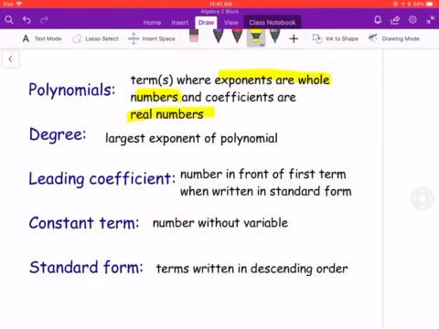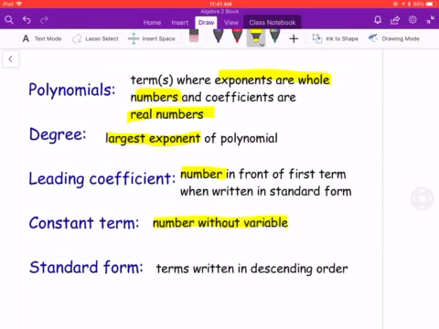The degree is the largest exponent of the polynomial. So degree is just another name for exponent. Leading coefficient is the number in front of the first term when written in standard form. So leading coefficient is a number. Constant term is any number without a variable.